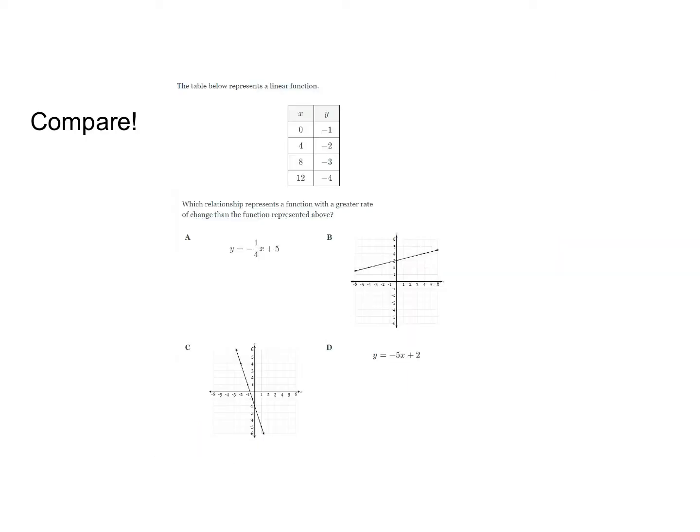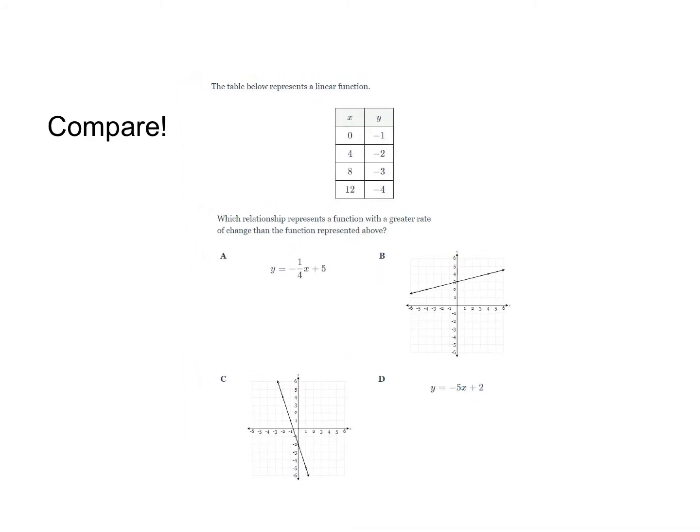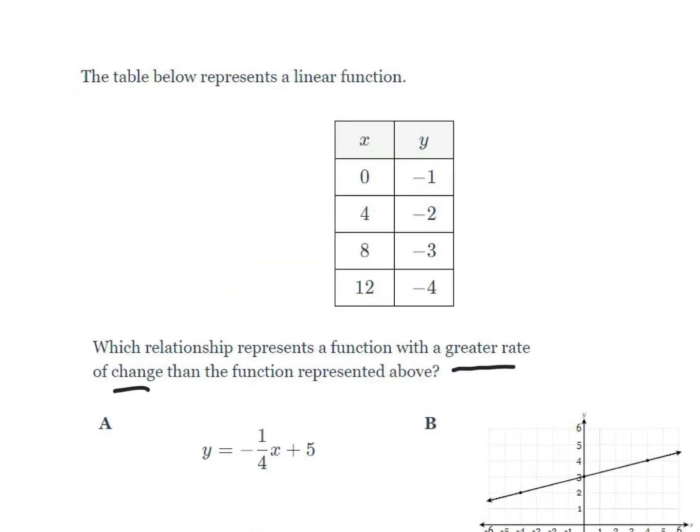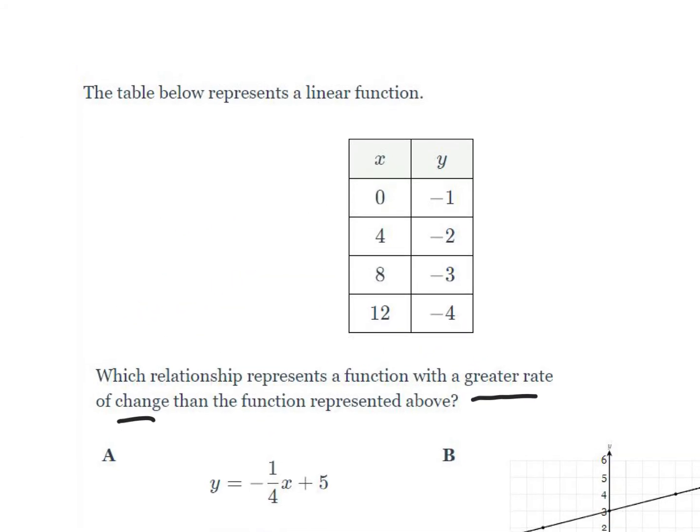Okay, they could ask us to compare, and I think this is where it gets fun. So they tell us that the top one is a linear function, so that means it's a line. We could write the equation, I think we will, and then it says which one has a greater rate of change than the one above. So we need to find the rate of change for the one above. So I'll zoom in on this, and I know my change in x is going to go up by 4.